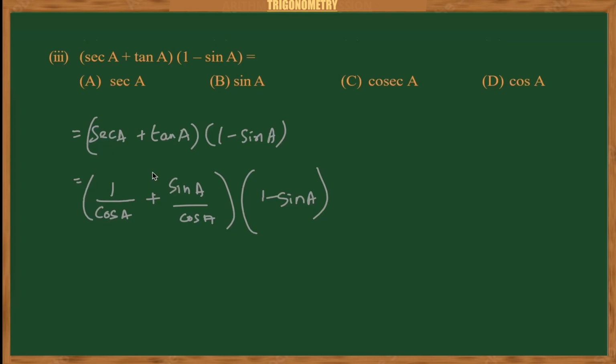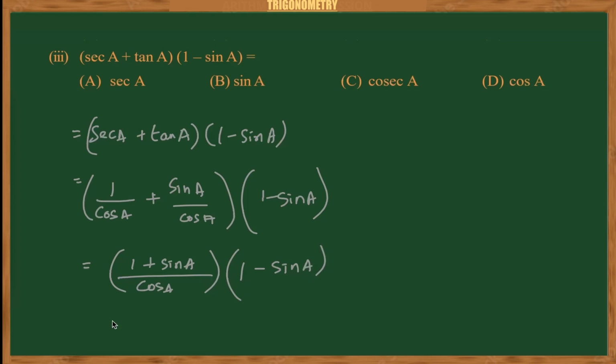We have converted, and the expression remains the same. Let's move further. We can see there is a common LCM, cos A: 1 plus sin A into 1 minus sin A.